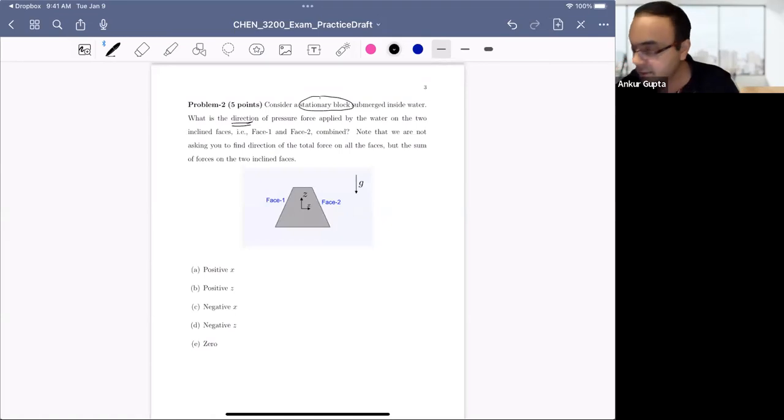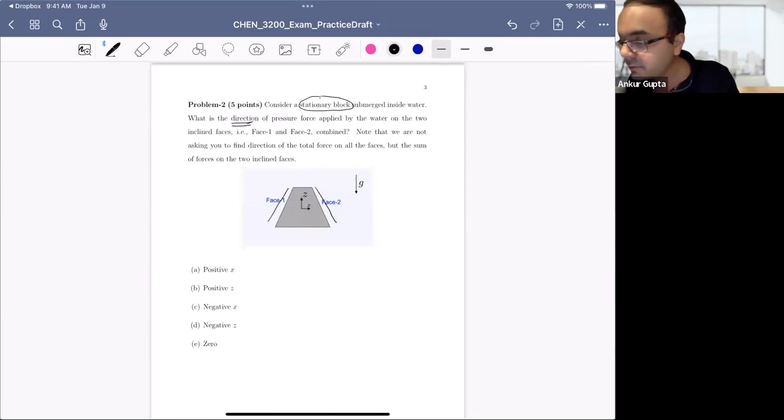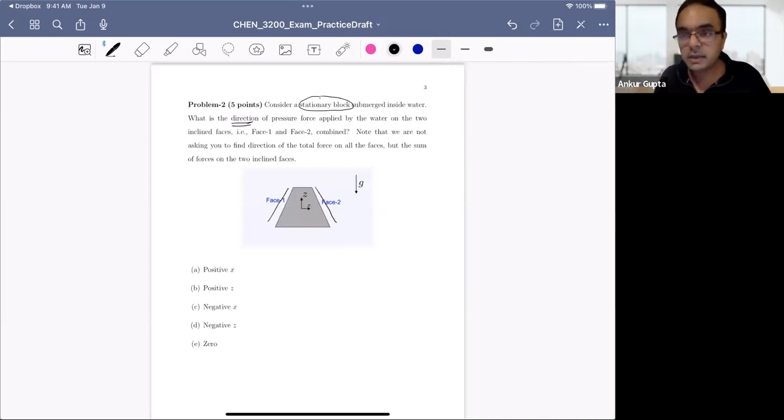Basically these clearly are two faces here I see. We have to find the pressure force combined, and there is a note which says that they are not asking you to find the direction of the total force on all the faces, but the sum of the force on the two inclined faces. So the question is saying that there are more faces in the system, just a block, but it's only interested in the force on these two faces.